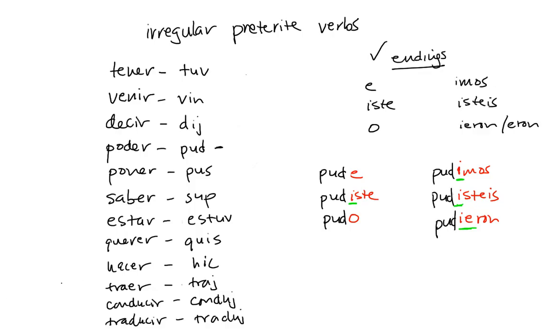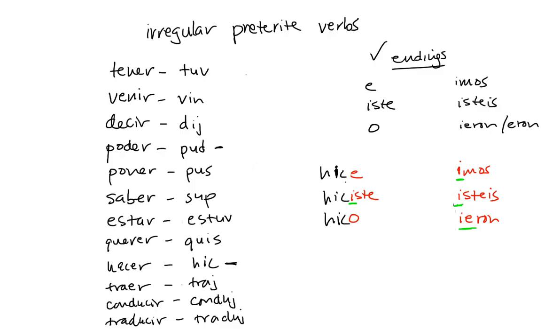Okay? Now, there are some slight irregularities. For example, if we take the verb hacer, what are we going to get? We see that the root is here, h-i-c. So we get hice, it's just a root i and not accented, hiciste. But if we put the c here, what do we get? Hico.